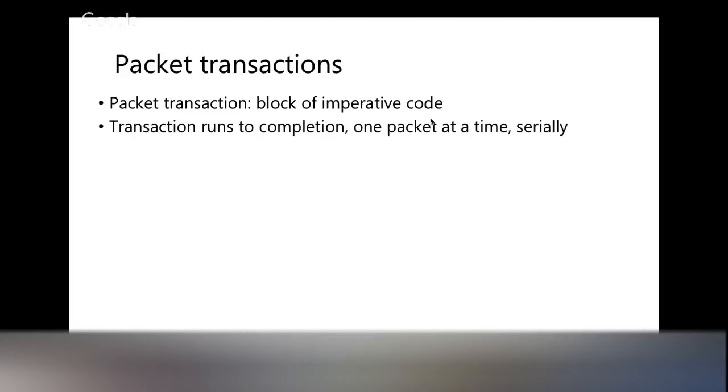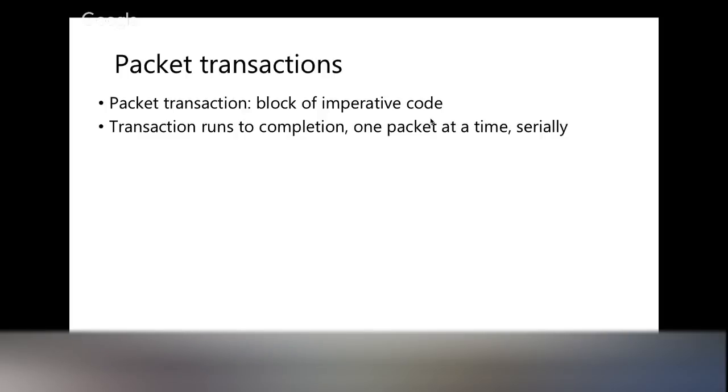A packet comes in, you execute a sequence of statements within the transaction's block, sequentially. You end up updating some packet fields and some state in the process. And only after you finish this packet do you move on to the next packet. So the programmer's view is that you're processing one packet after another serially with no overlap in processing across packets.